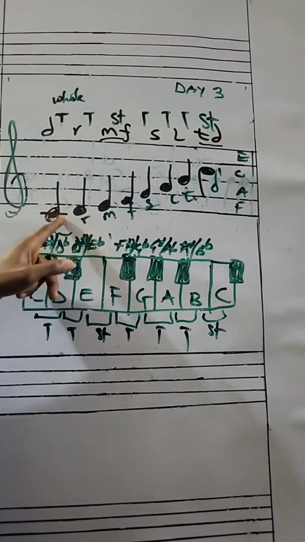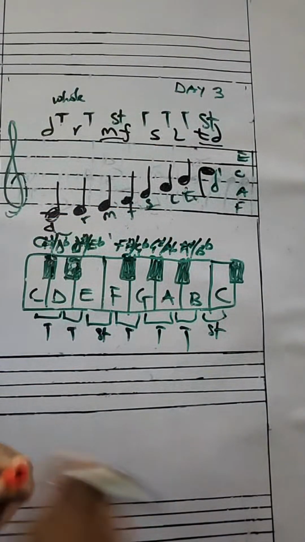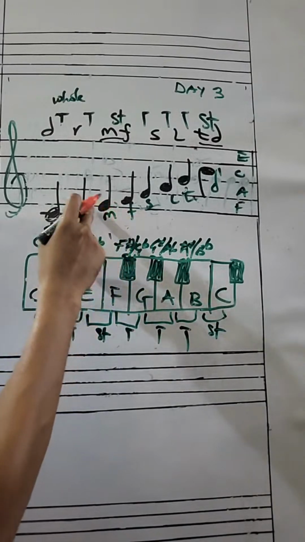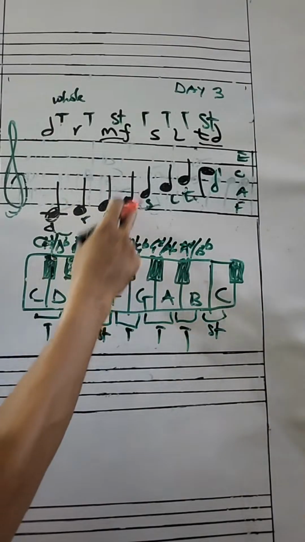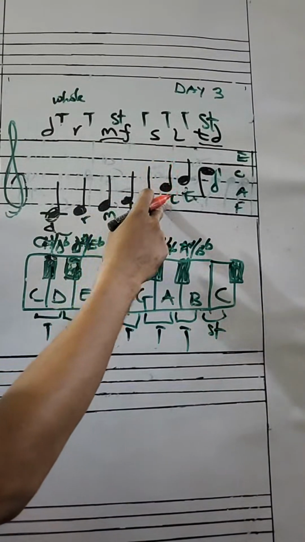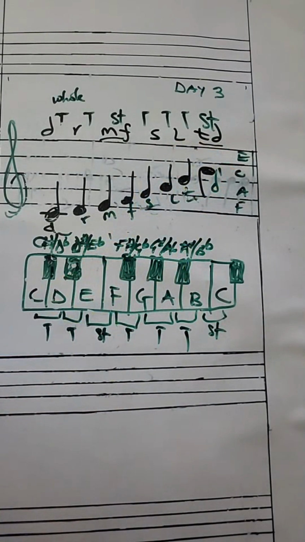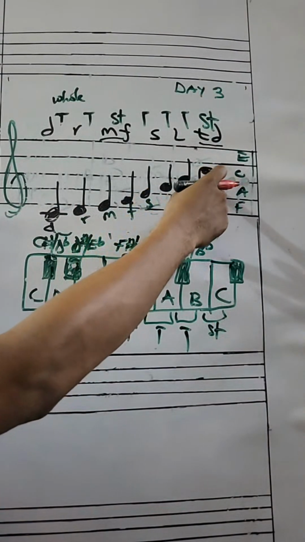Between the notes, after the do, the next note which is under the line, we said this is D. So in the key of C, your D is your re, your E is your mi, your F is your fa, sol, la, ti, and do. Do, re, mi, fa, sol, la, ti, do.